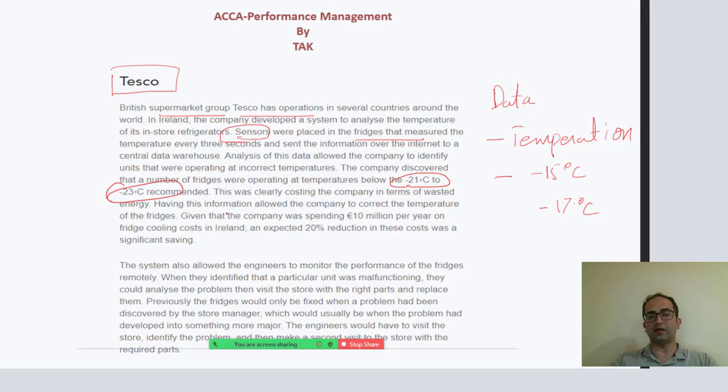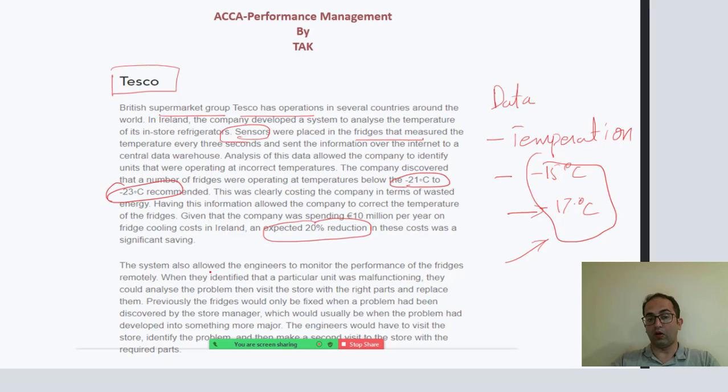From that information they concluded that we don't require this much cooling, we are fine with 21 to 23 degrees. It's fine to have that range. By virtue of those sensors collecting the temperature data of the refrigerators, they resulted in an expected 20% cost saving. That was a significant saving.